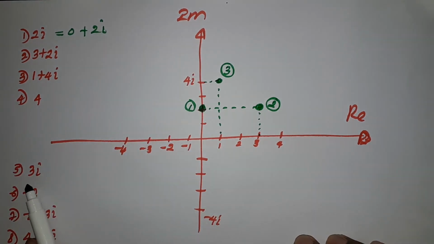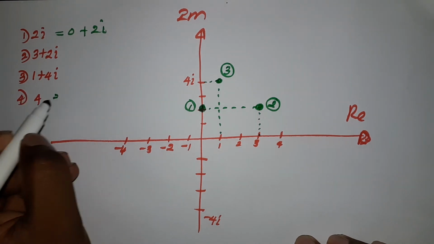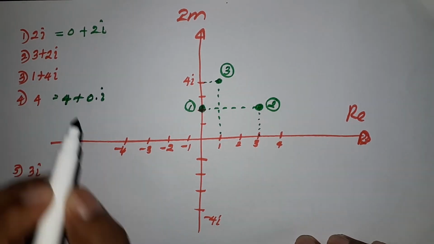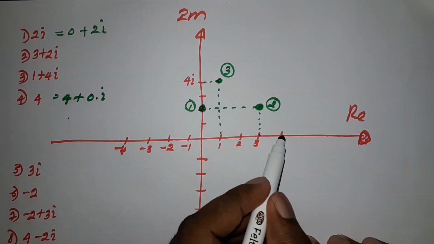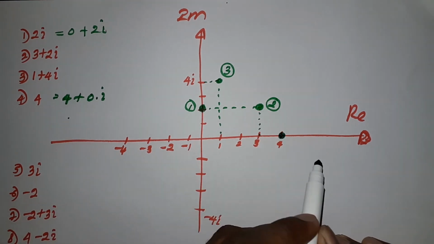I then have 4, which is basically equal to 4 plus 0 into i. So in the real axis, this is 4 and in the imaginary it's 0. So this is where I'd have that number.